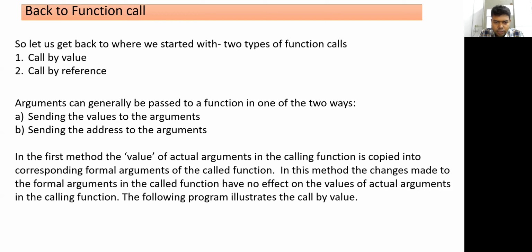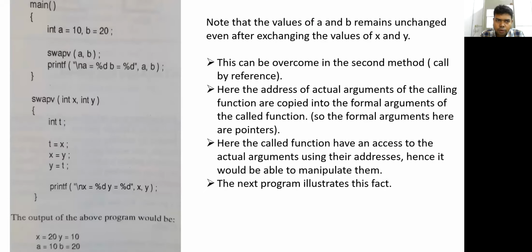So after execution of the called function, from the calling function we can have the changed value of those particular variables. How it is happening, we can see by using some example.